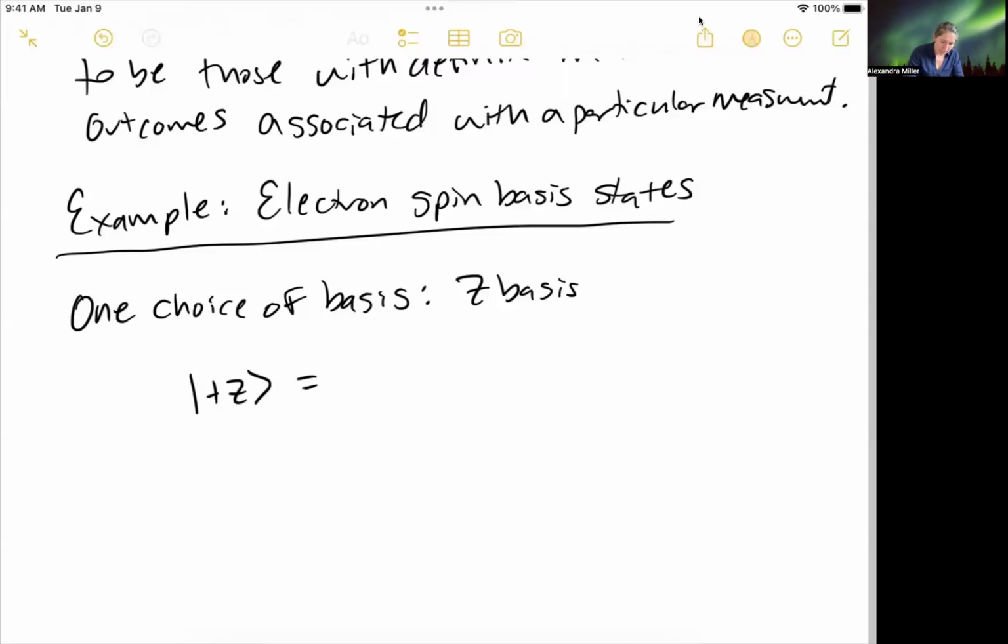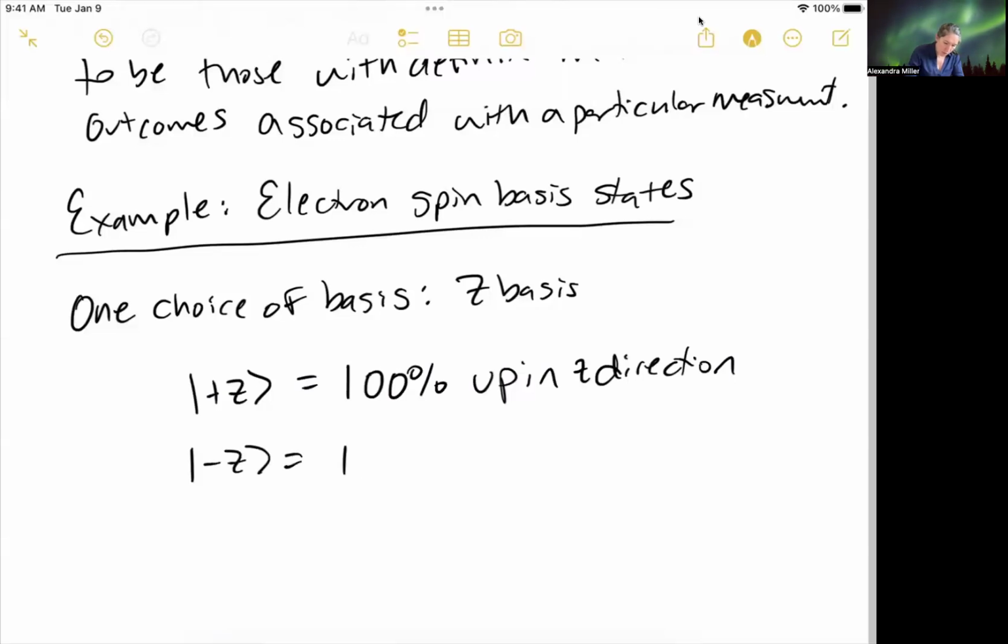The plus Z state is defined as the state where, if you measure the spin of this electron in the Z direction, it will 100% be up. And the minus Z has 100% probability of being down if you measure in the Z direction.